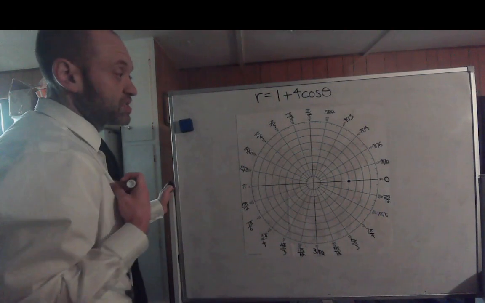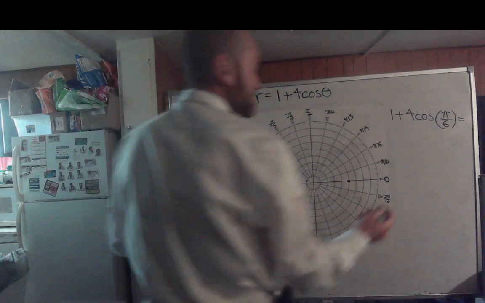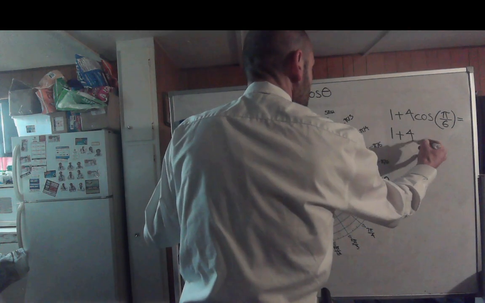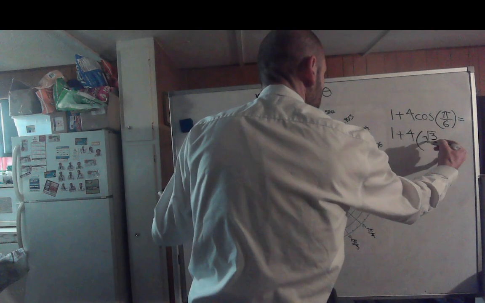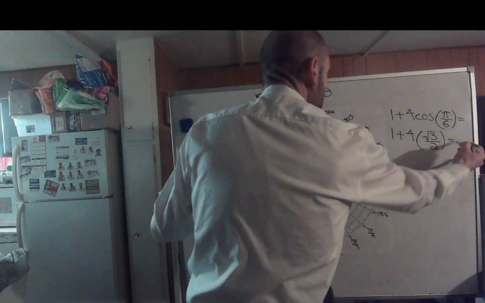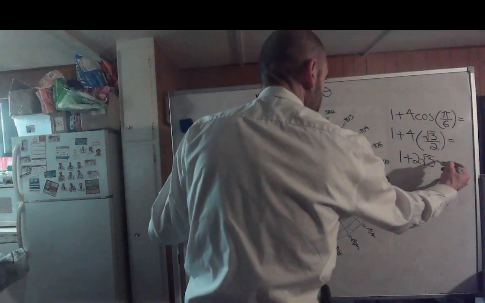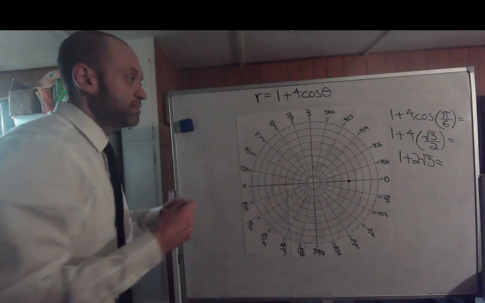Next then is our special angle of pi over 6. So 1 plus 4 times the cosine of pi over 6. So what is the cosine of pi over 6? That's square root of 3 over 2, so you'd have 1 plus 4 times square root of 3 over 2, which would give you 1 plus 2 times the square root of 3, which should be able to give us a decimal approximation.